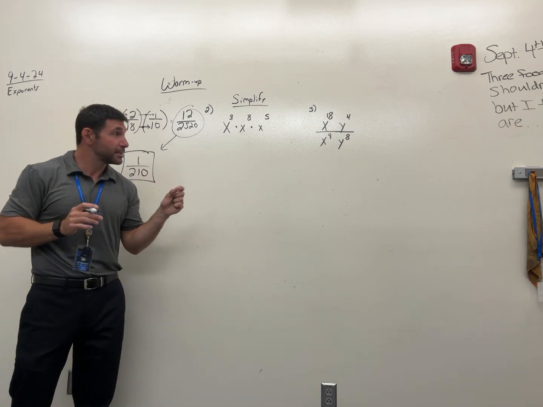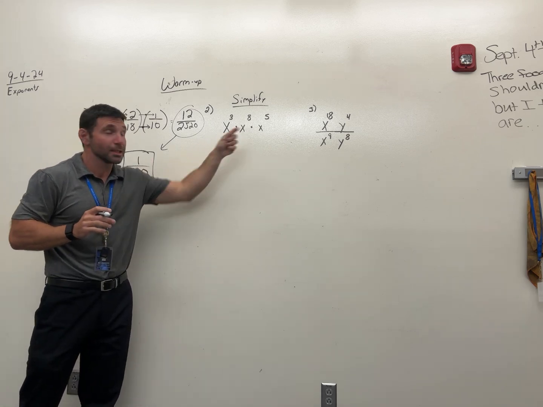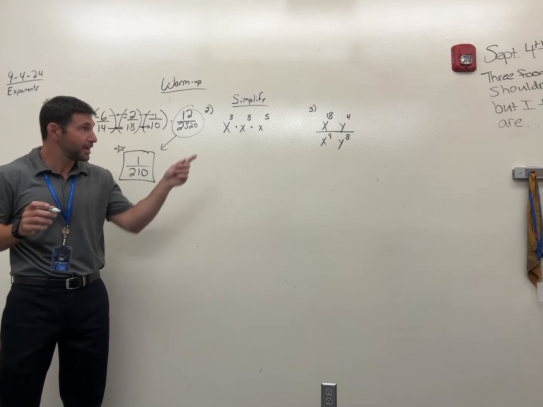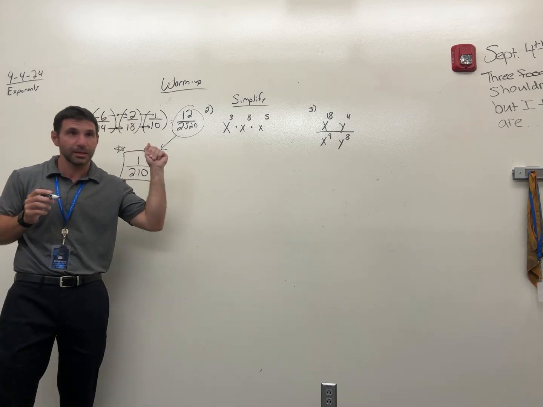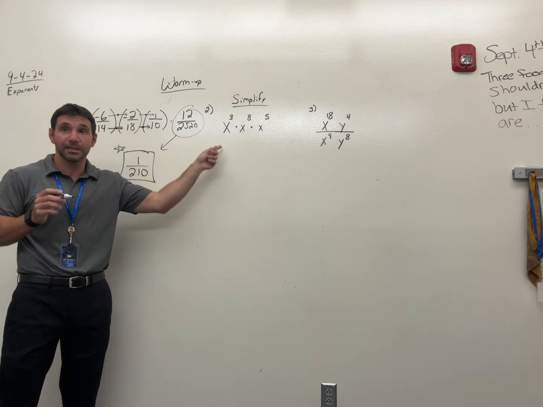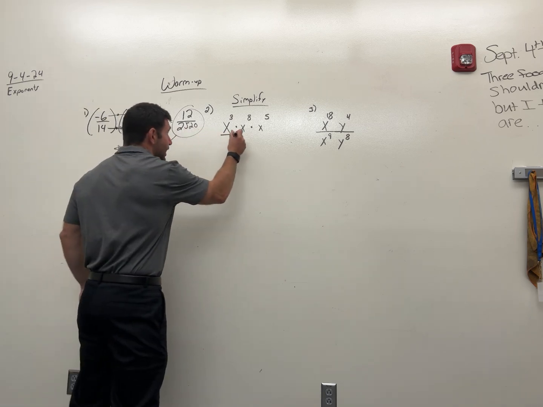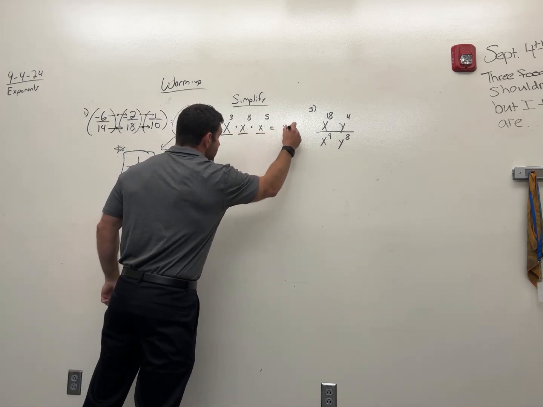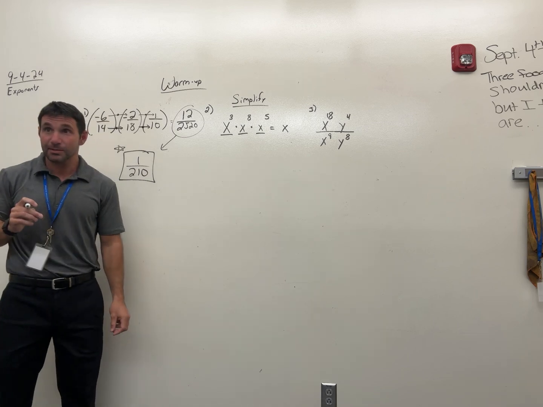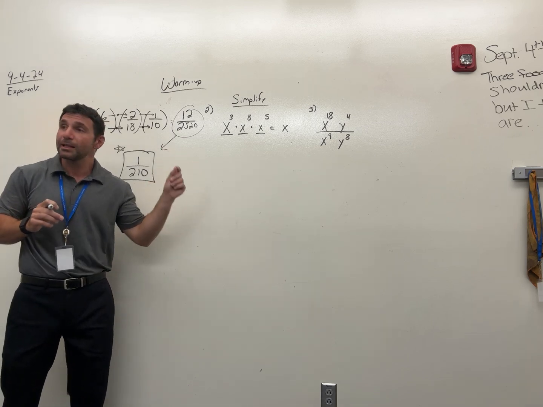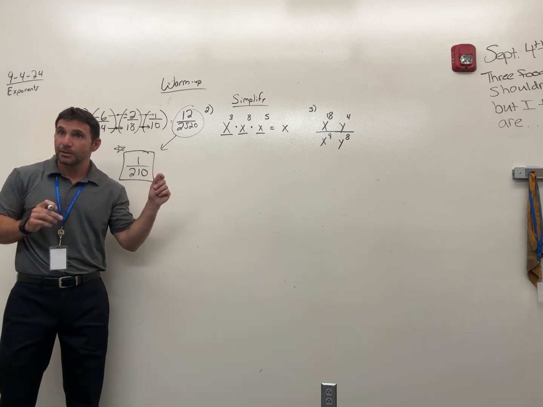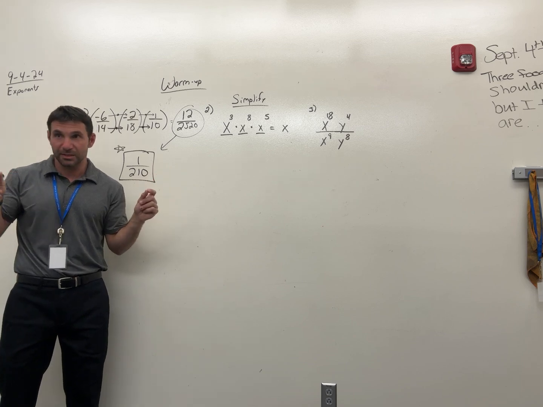The product property says that if we are multiplying things with a like base, the base is what? What are my bases in number 2? X. I have an X, I have an X, I have an X, which means my answer is going to have an X. When we multiply like bases, we do what with the exponents?